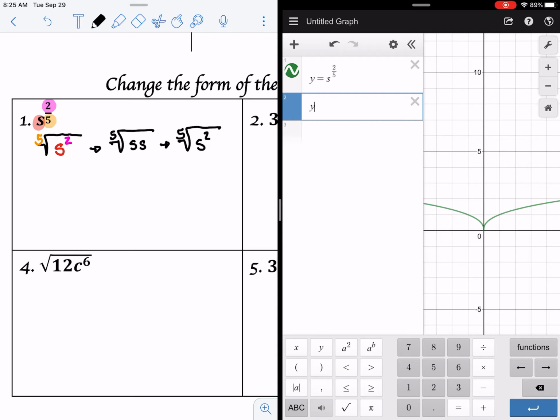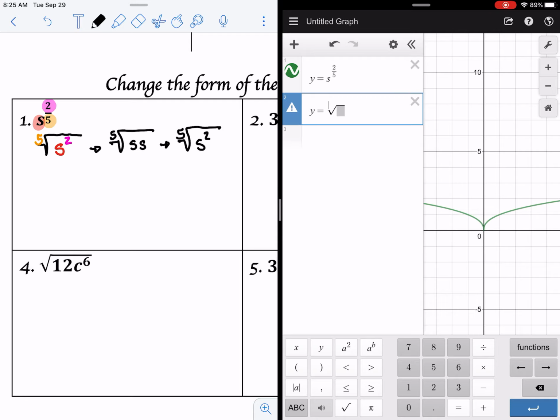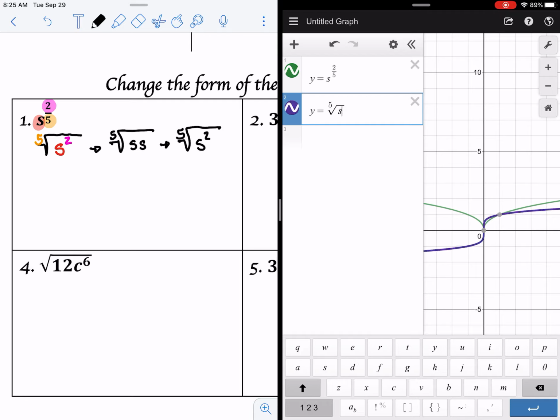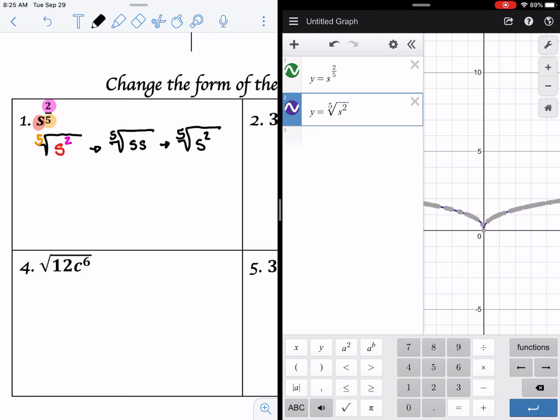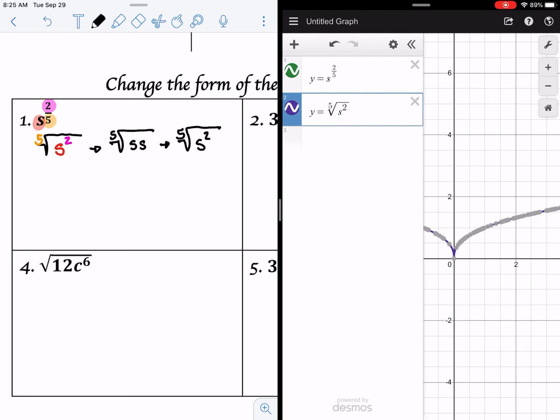And then I'll have y equals, functions, miscellaneous, 5th root of S squared. And if you look, the graphs overlap.